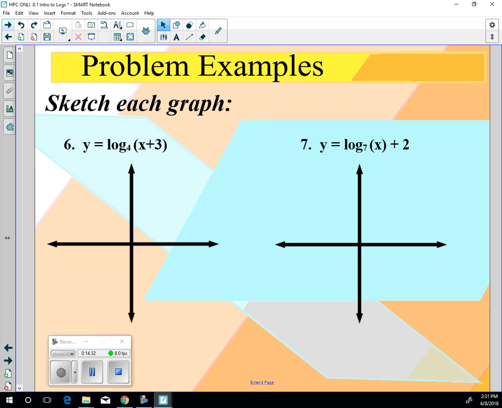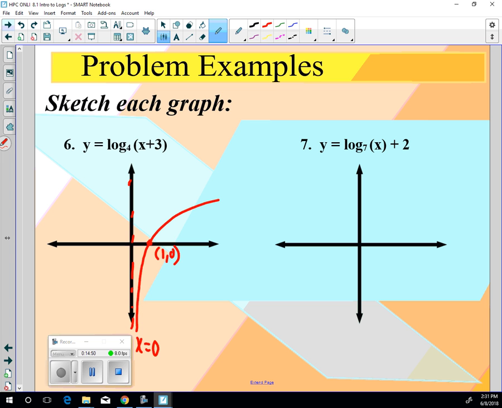And you can shift graphs left and right if you want, or up and down. Let's do this one real quick. Log base 4 of x goes through 1, 0. Has an asymptote here of x equal to 0, vertical asymptote.